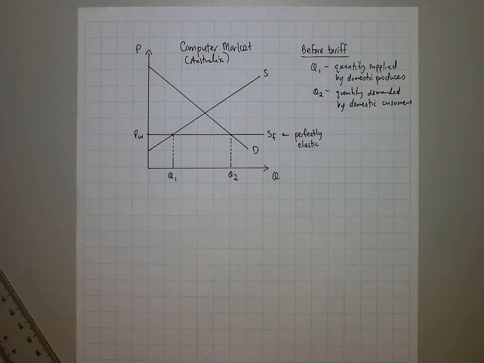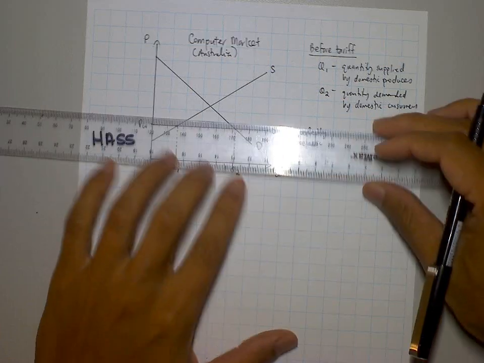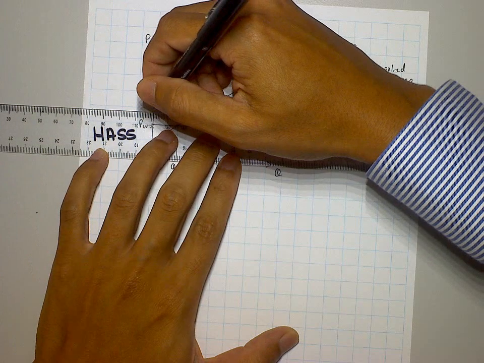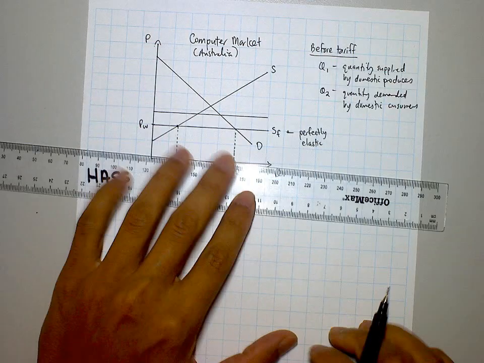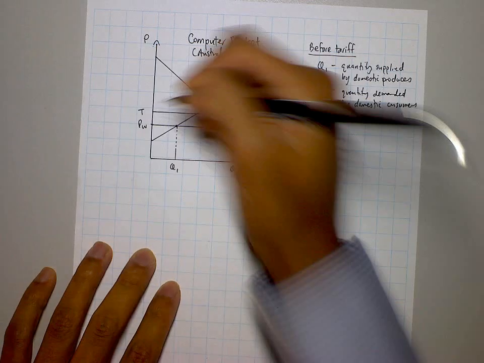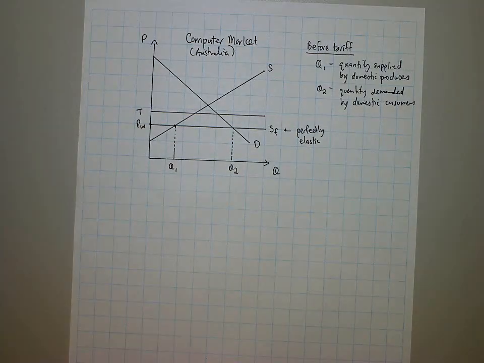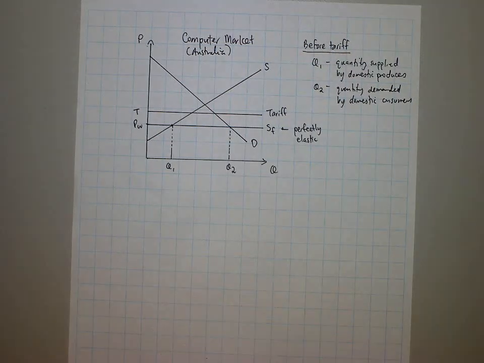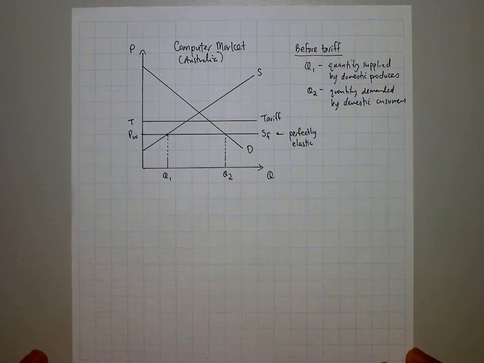So the actual world price doesn't change, but the price that domestic consumers in Australia face will change because of that tax. So we are going to draw that increase in price, or at least in the effective price due to the tariff, and I'm going to use T to represent the price after the tariff, and just to make it super clear, I'll write down tariff over there.